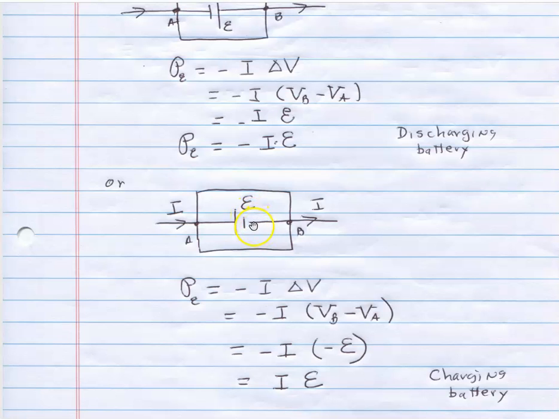So the magnitude is E, but it's a drop, and so it falls by minus E. And now then I get I times E. Both of these are positive. I and E are positive. And in this case, the battery is gaining energy by this amount, or energy per time really. Power is being supplied to the battery. And that's a case where we're charging the battery.